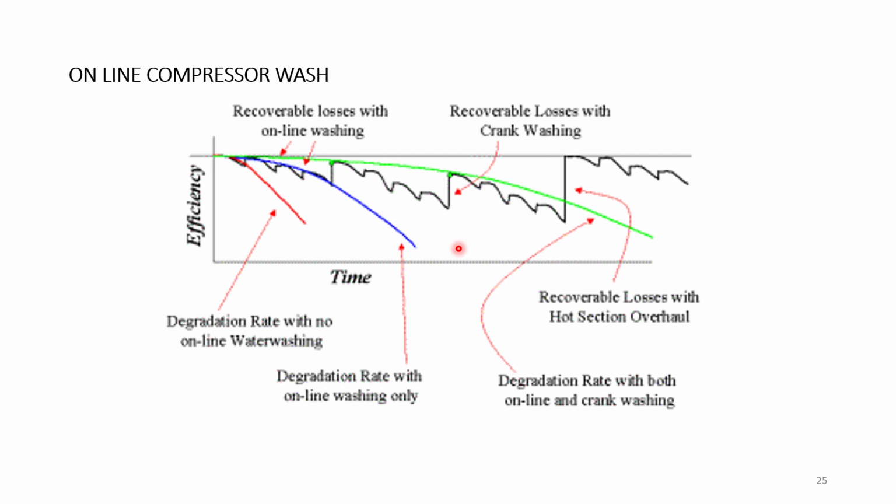Water wash can be done online when the turbine is running, but the gain is less. If the degradation is more, then the turbine is stopped and the water wash is done, and you can see the efficiency here goes up.